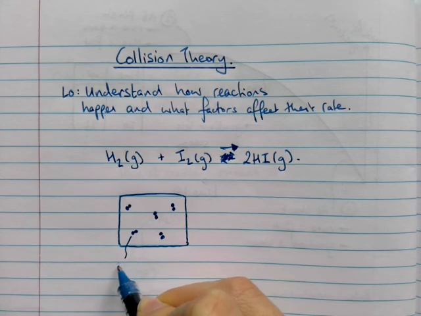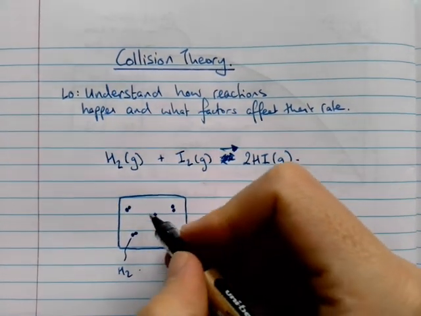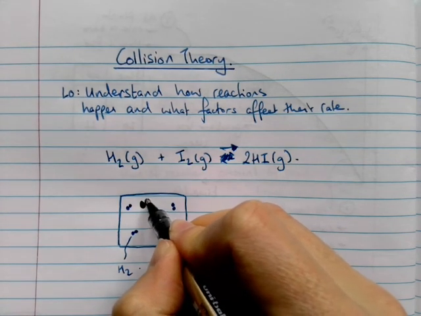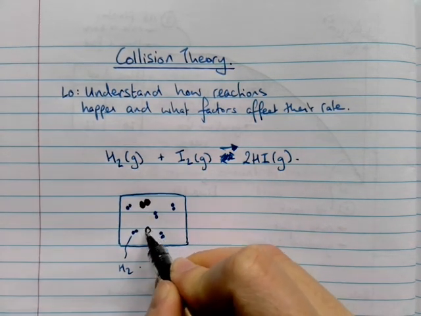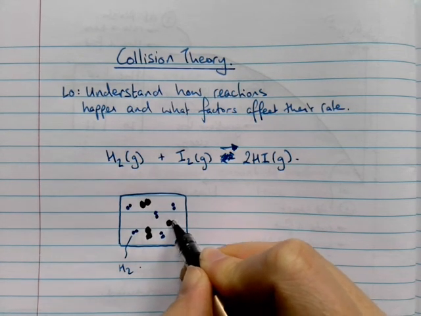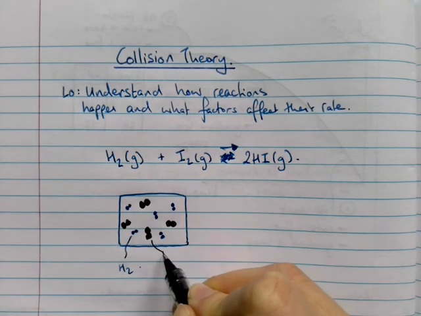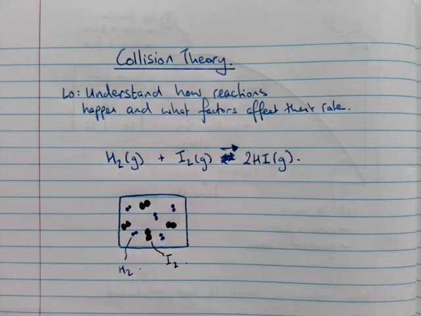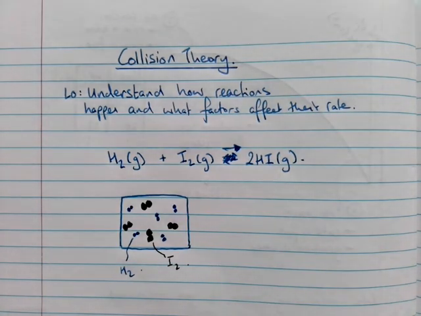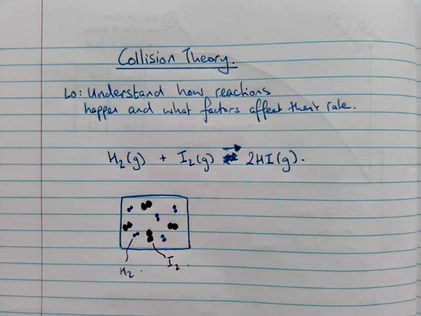Okay, these are all molecules of hydrogen. Now I've also got molecules of iodine in there. Iodine is a bigger molecule because iodine atoms are much bigger than hydrogen atoms. Hydrogen atoms are tiny. Okay, so these are my molecules of iodine. Now, what's happening is that these molecules are flying around inside the box. They're moving because they're gases.